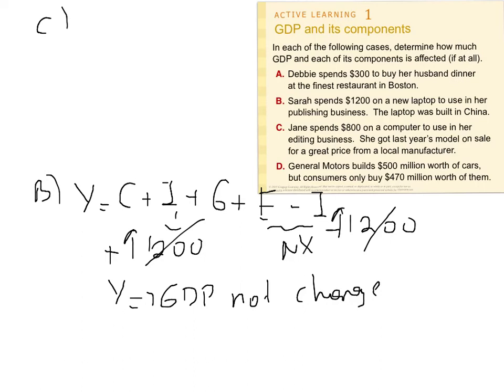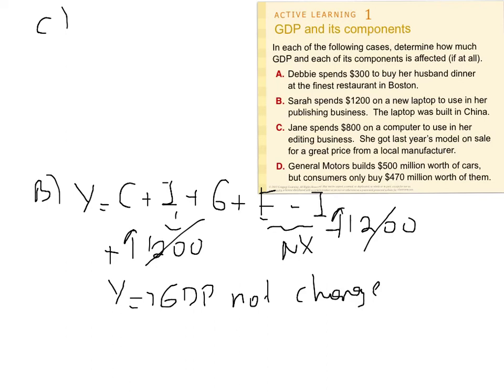C. Jane spends $800 on a computer to use in her editing business. She got last year's model on sale for a great price from a local manufacturer. So remember again the GDP definition. GDP includes the goods and services produced in a given period of time.